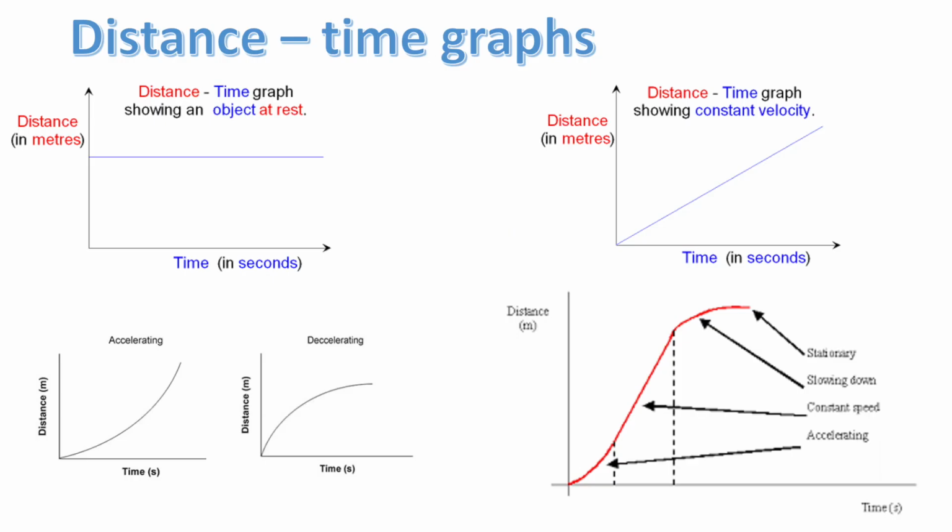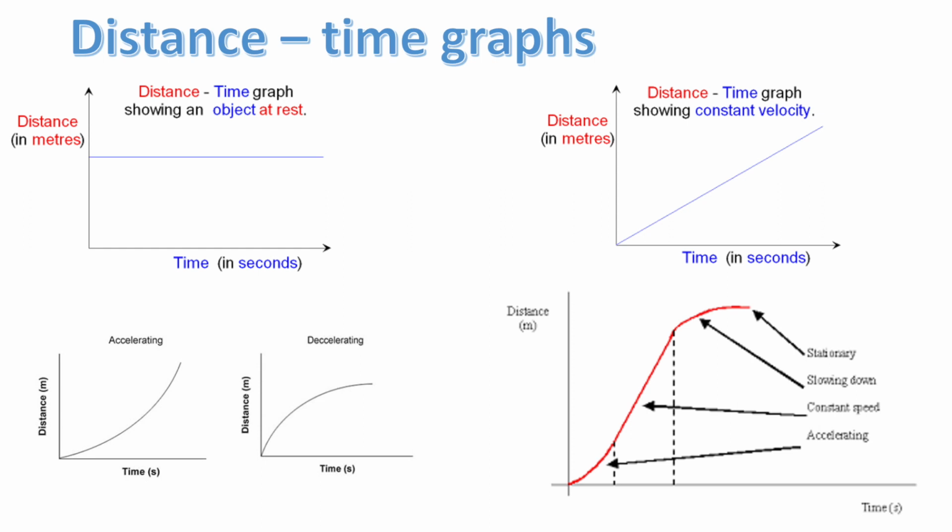Let us discuss different types of distance time graphs. Here the first graph, top left, is a distance time graph showing an object at rest. When we start observing that object, the object is at a distance from the original position, but it is at rest.